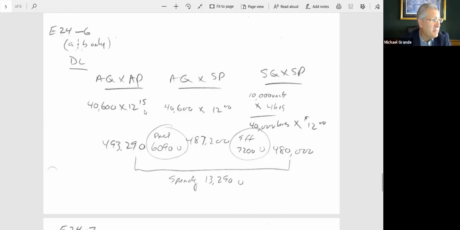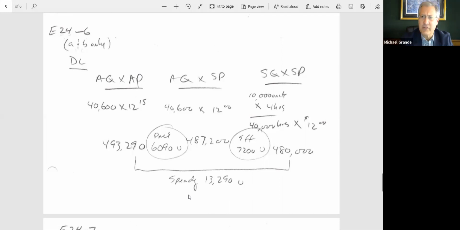They actually spent $12.15 per hour. They spent a total of $493,290, in comparison to the $480,000. The difference between the actual and what they should have spent for those 10,000 units, $13,290 unfavorable variance. They spent too much, hence unfavorable.